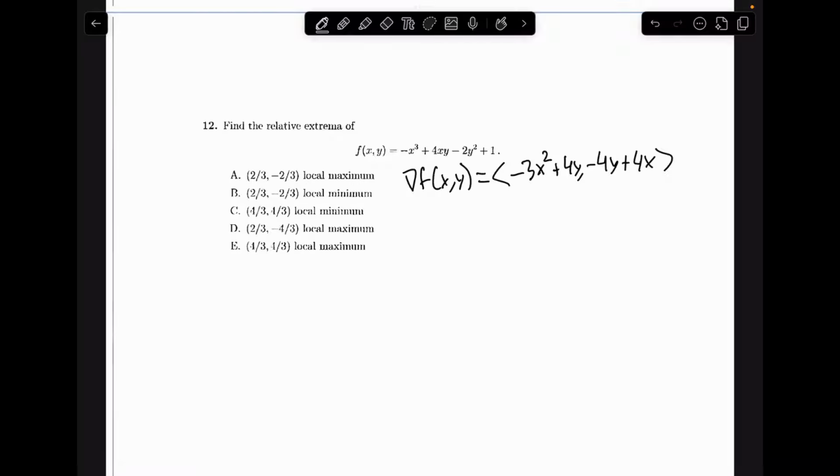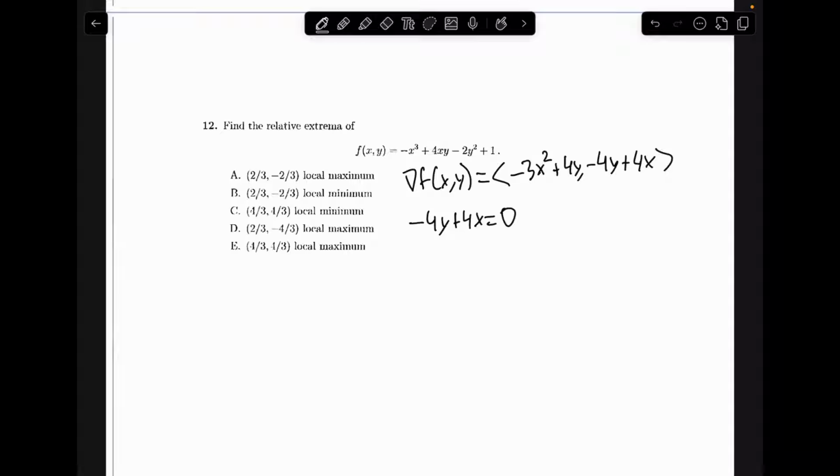Okay. So let's see here. Well, one critical point, we instantly have 0, 0, but none of our answers have that, so it does not really help. You have to play the game somehow. But if we set the second component equal to 0, negative 4y plus 4x has to be equal to 0.